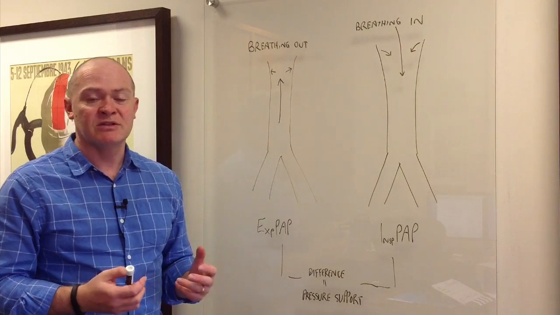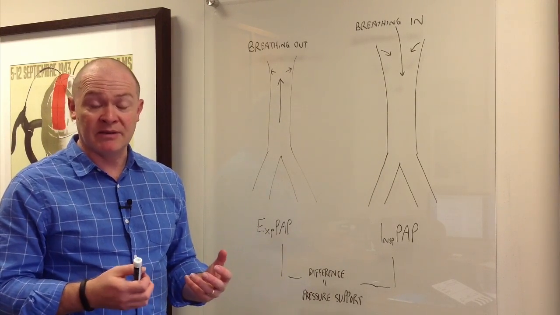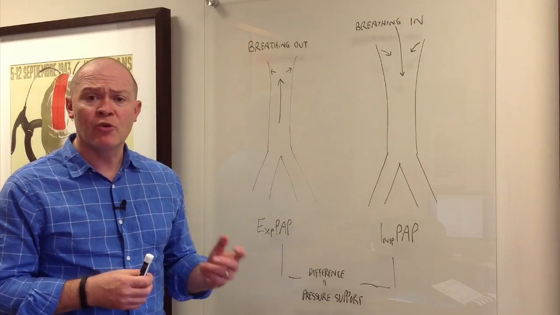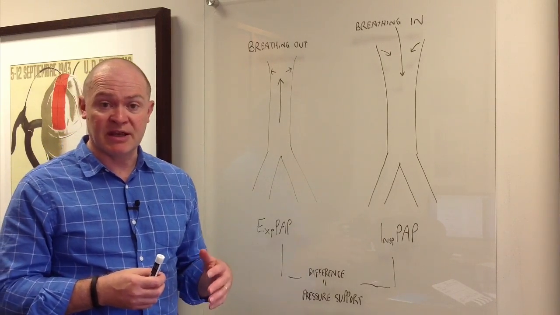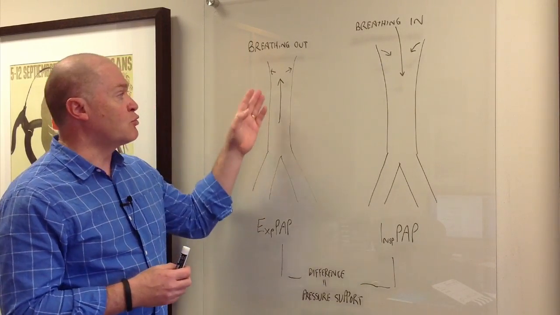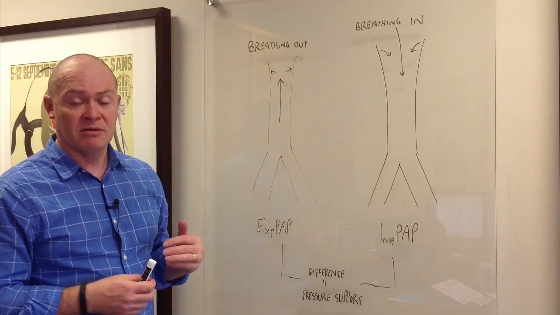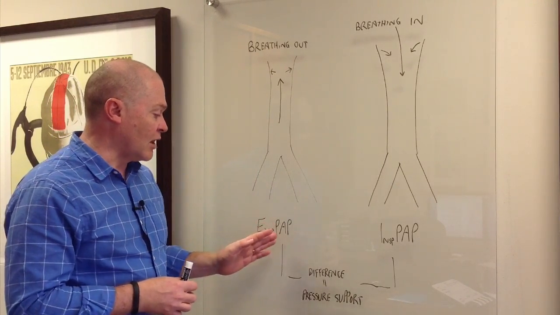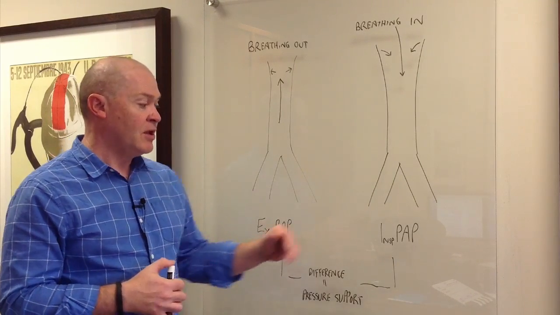And that's one of the things people describe with CPAP that can be uncomfortable for them, breathing out against that pressure. It's also one of the things that can lead to air in the stomach, aerophagia, is trying to breathe out against a higher pressure coming back in. So that's one of the rationales for using a lower pressure in expiration, EPAP, and a higher pressure in inspiration.